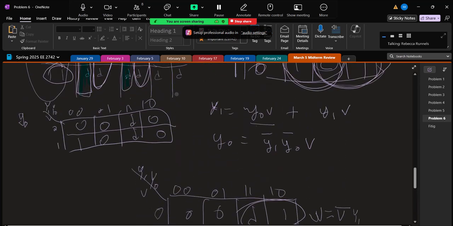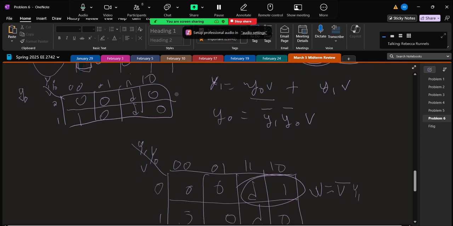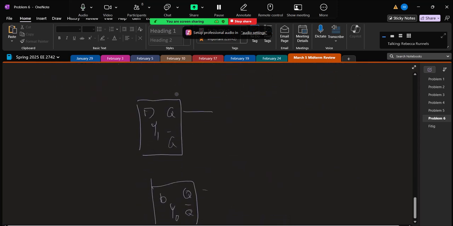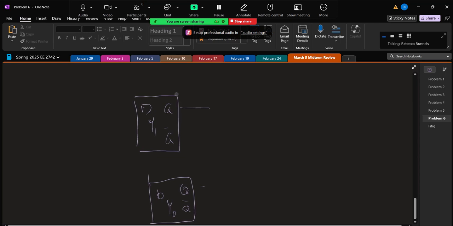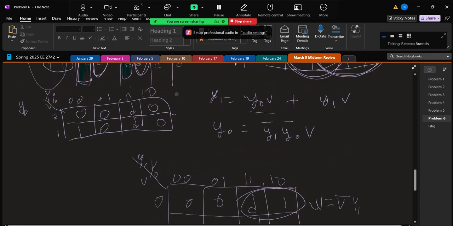Y1 was Y0V or Y1V, which would be easier to write as V and Y0 or Y1.